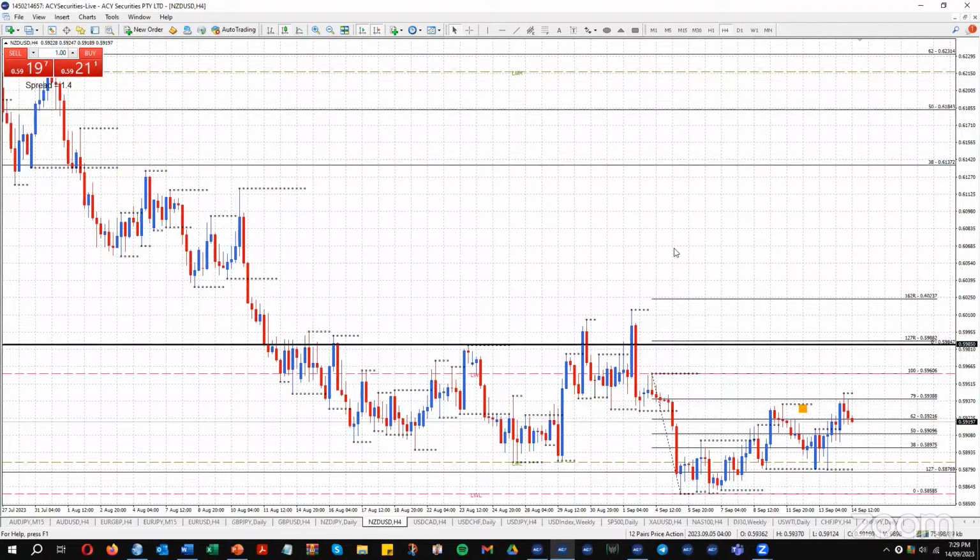All right. So this is how I'm looking at the range on the New Zealand. Been watching the range for the week in terms of last week. So the high and low of last week, I'm monitoring the upper end of the range, 79% fib. I discussed that last night.